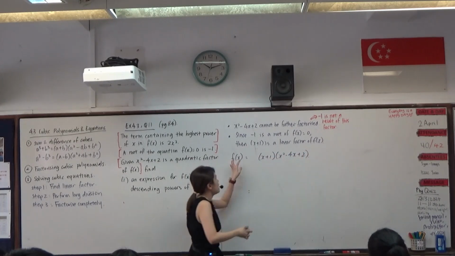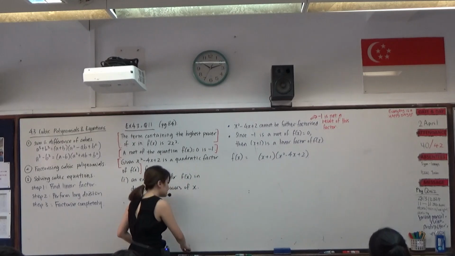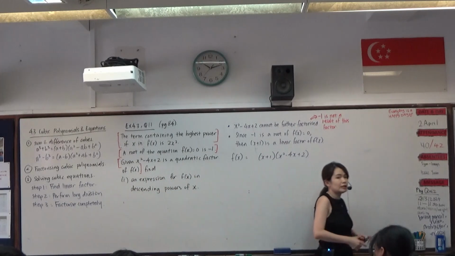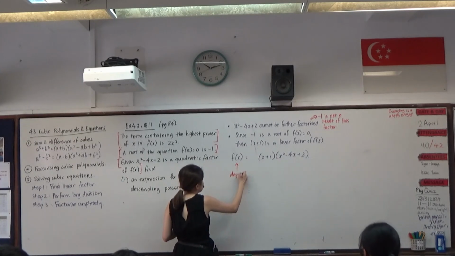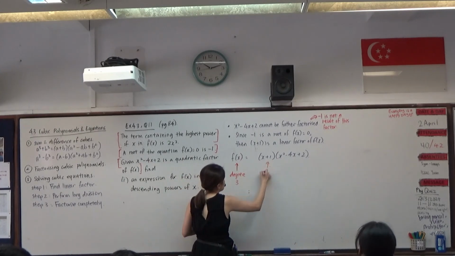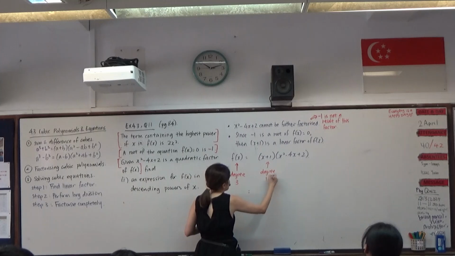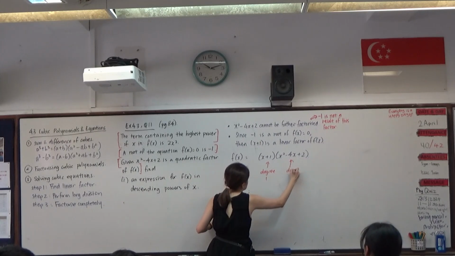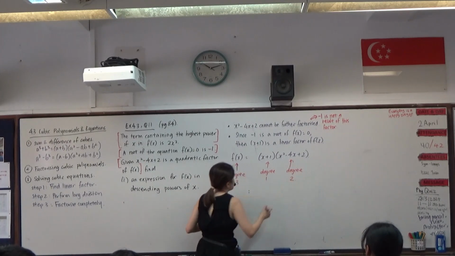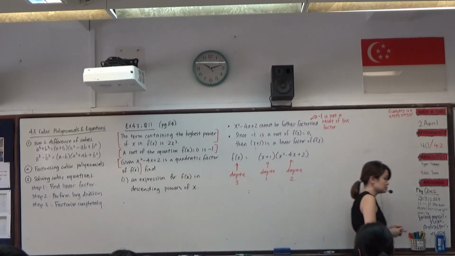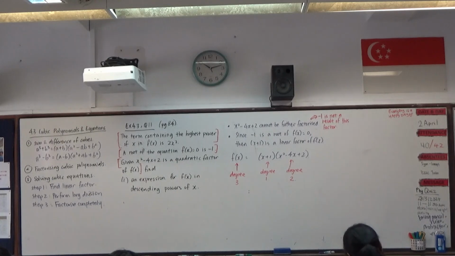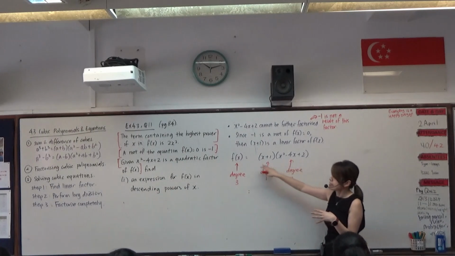Because remember, f(x) being a degree 3 polynomial, the parts of the multiplication need to add up in terms of their degree to give us 3. Okay, 1 plus 2 must give us 3. So this is how we piece the information together to form this.